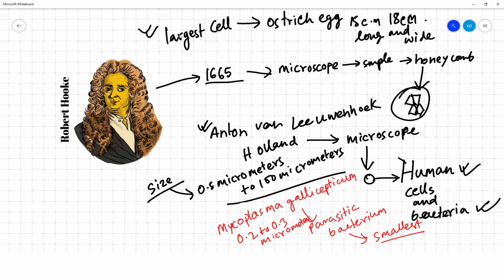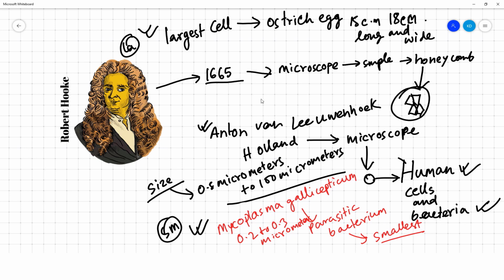So this is the largest and this is the smallest. Remember these two points, they are very important in your examinations.